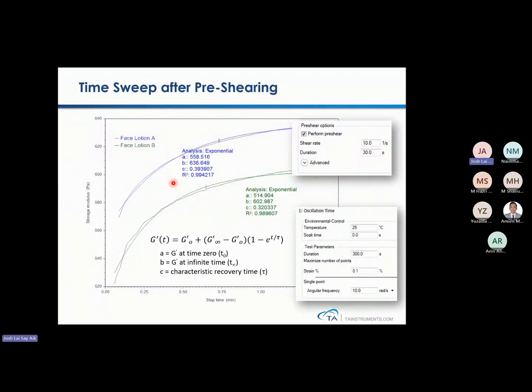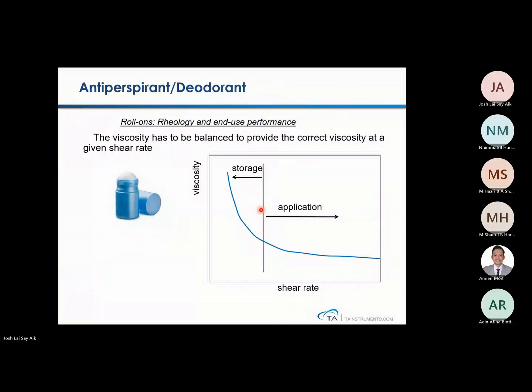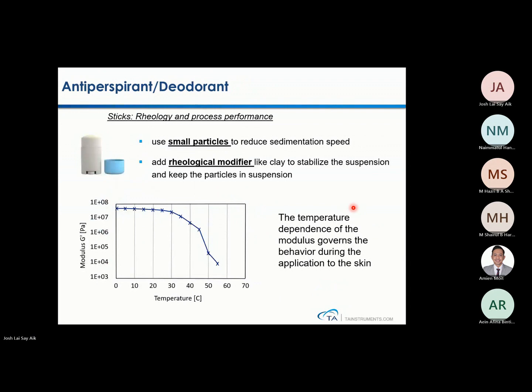This is how we do it for face lotion A and B, and you can calculate the characteristic reaction time by having a constant. This is a deodorant, with storage viscosity and applications applied to your skin. And the temperature dependence can also be used to govern the behavior during application to the skin.